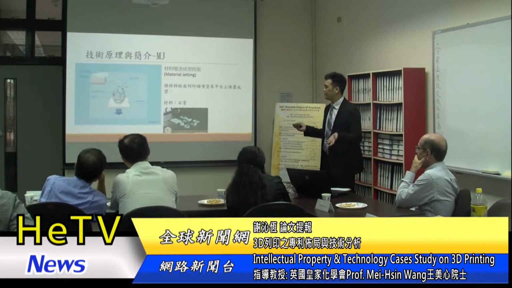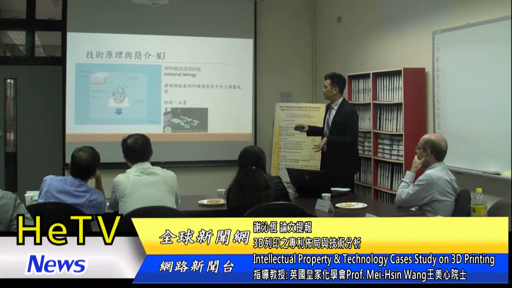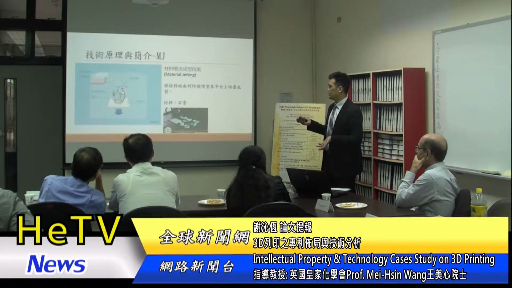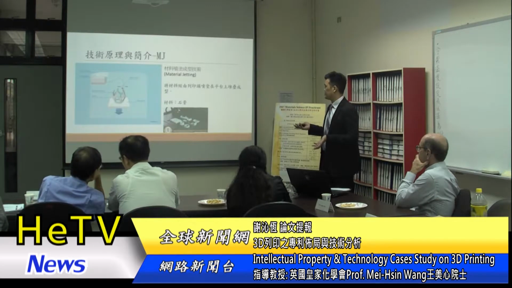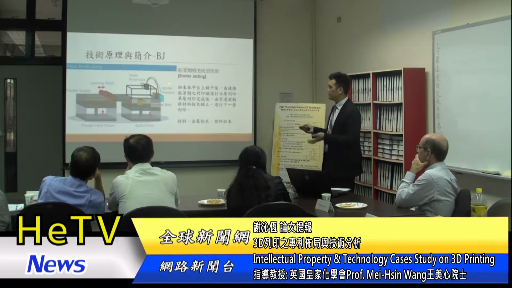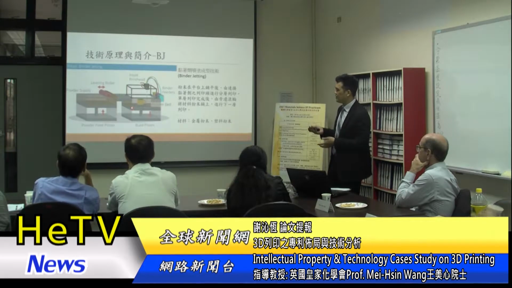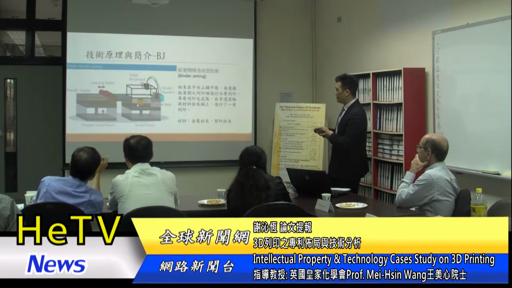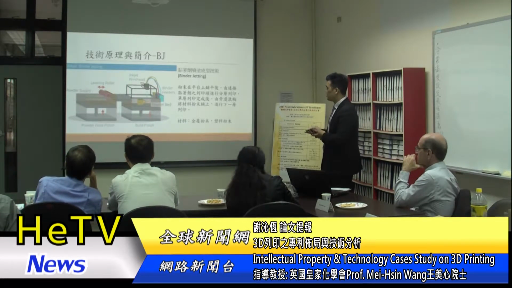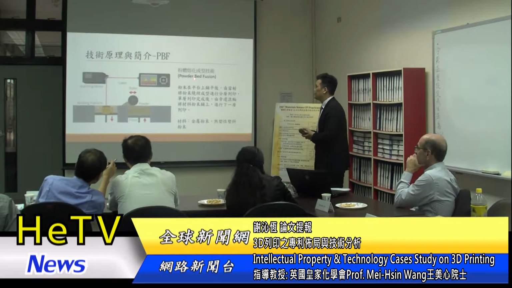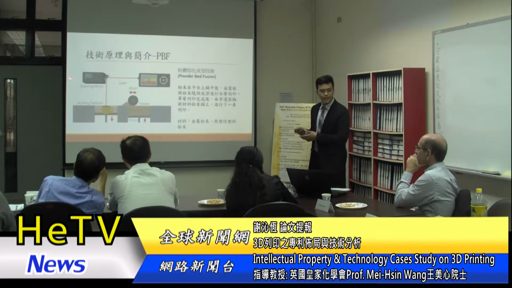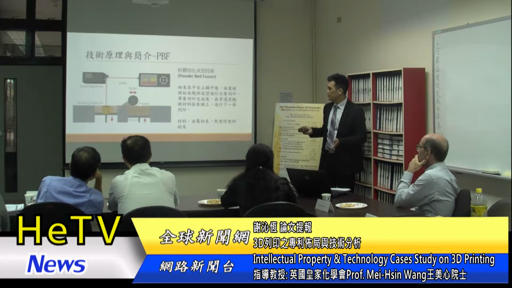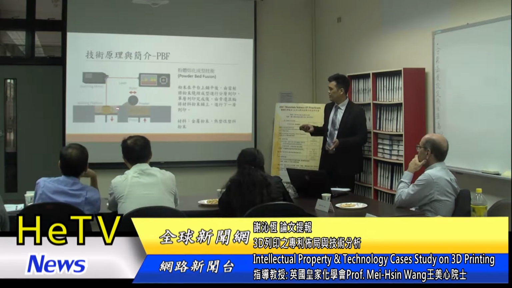For material jetting, we use a binder to bind the materials and build up the object. For binder jetting, different from material jetting, it uses material powders and jet ink to combine the powders into the 3D object. For powder bed fusion, you usually use a laser to melt the material powder and build up the object.